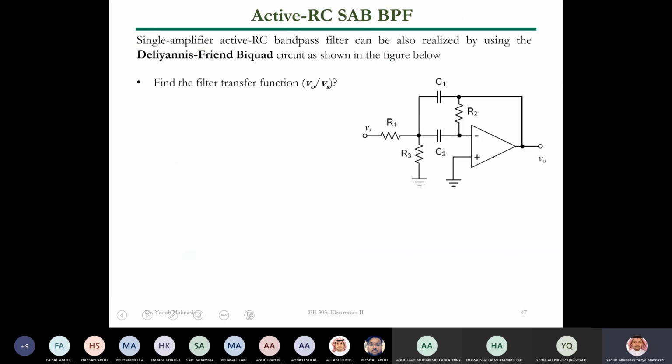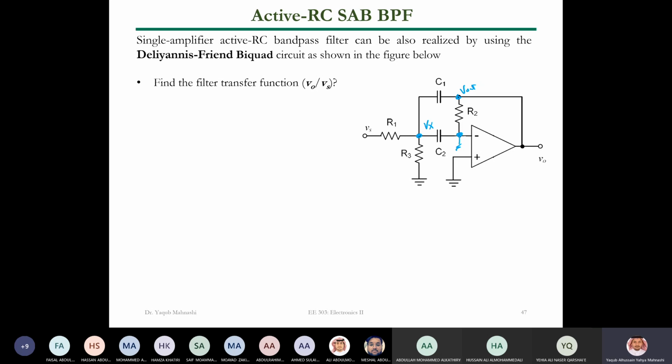The same thing for the Delyiannis-Friend, this one, the bandpass filter, and I will not do the transfer function as well because you will do it the same way. You may say this is grounded, this is V out, I have Vx here, and then you need to do a KCL at Vx and find the transfer function.